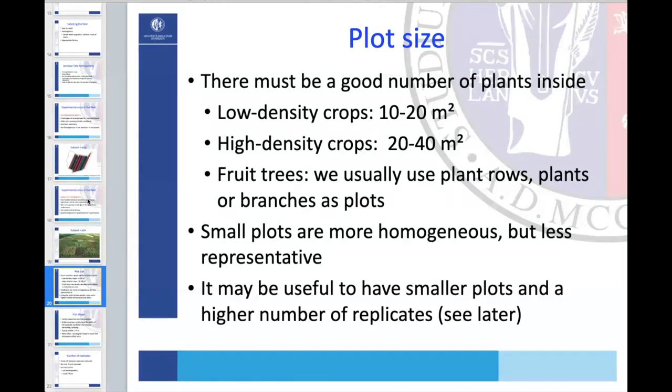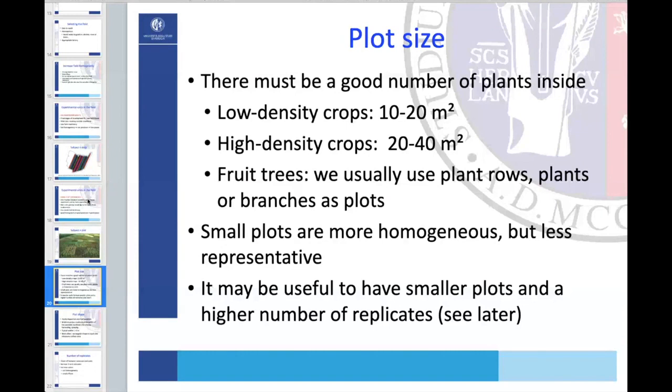If we make smaller plots, the plots are more homogeneous, but they can become less representative, which is not good. So the selection of plot size is always a trade-off between homogeneity and representativeness.